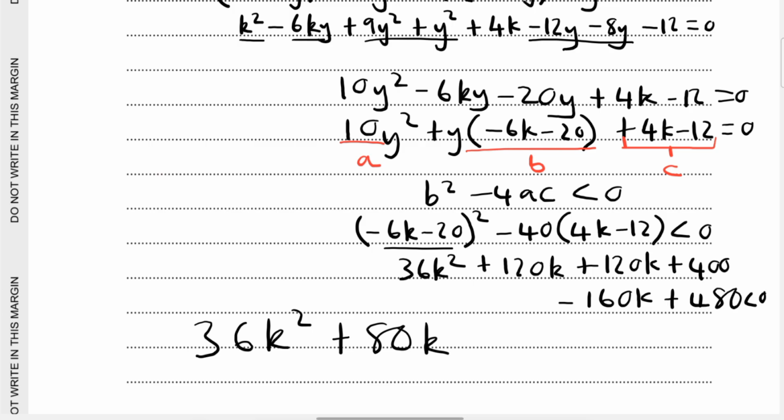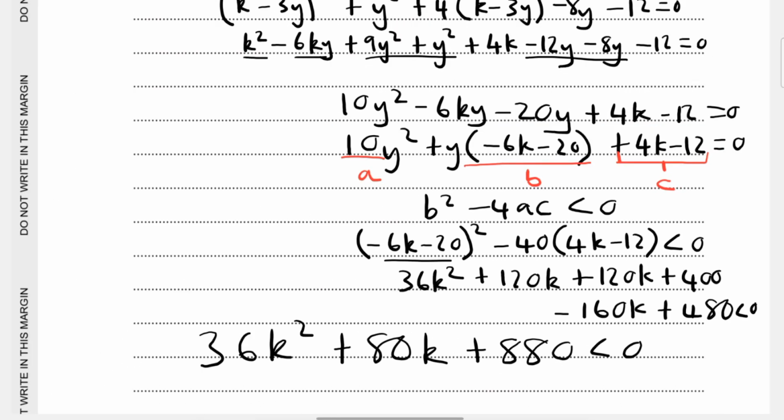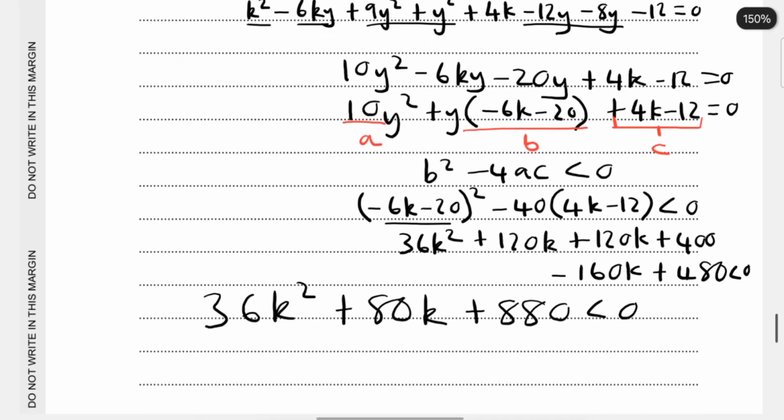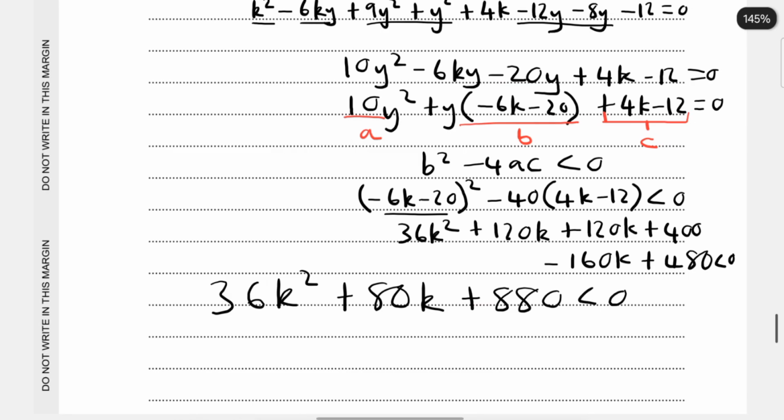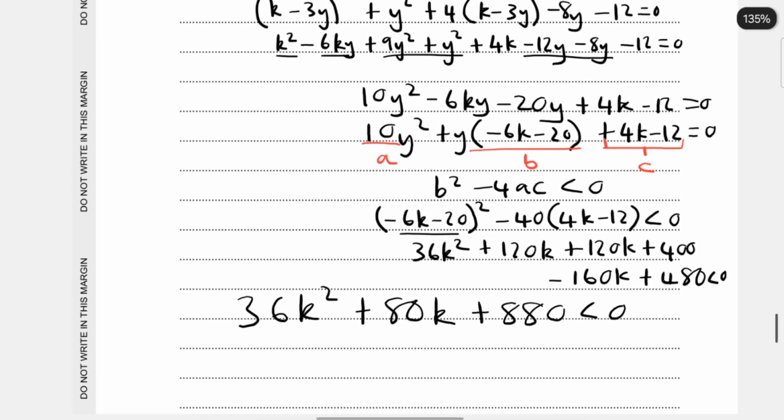Then 400 plus 480, that's plus 880, is less than 0. From here, we just look for a number to divide everything with. So 36, 80, and 880.